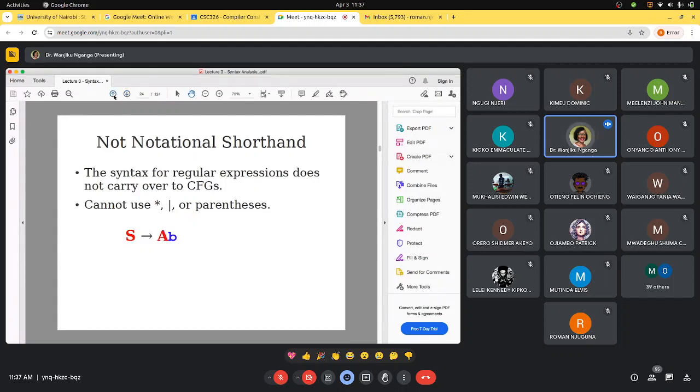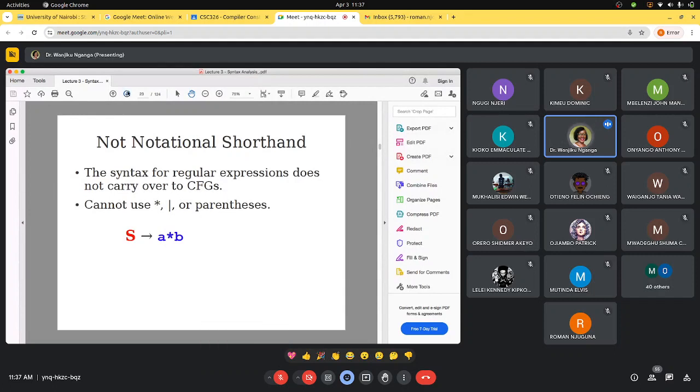So for example, this is wrong because this is a production in a CFG, so you can't say A star B. But when we want to express A star B as a production in the CFG, we know that here we're basically saying we can have multiple repetitions of A and a final B. So in the CFG, we need to convert this into a non-terminal.